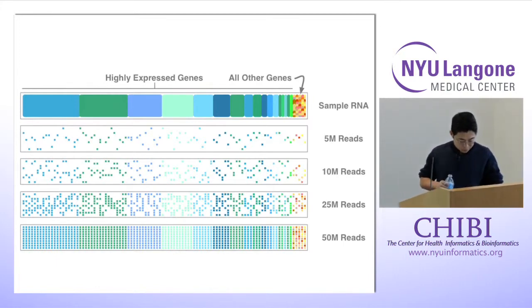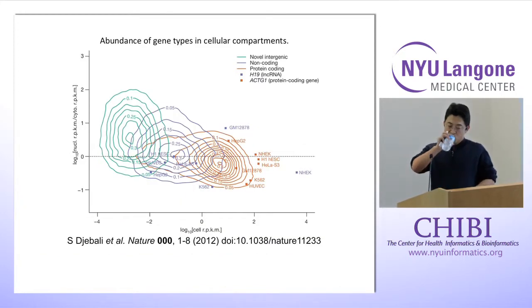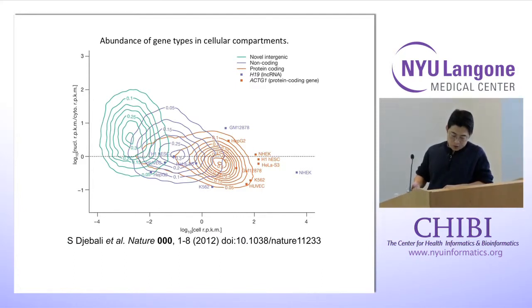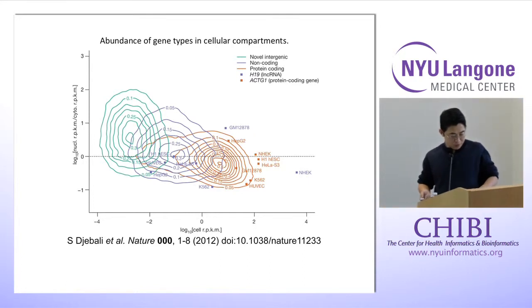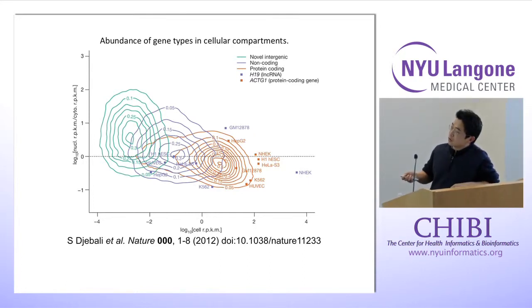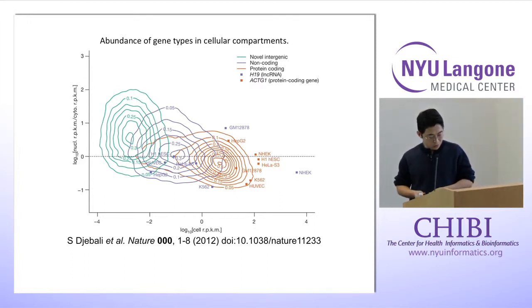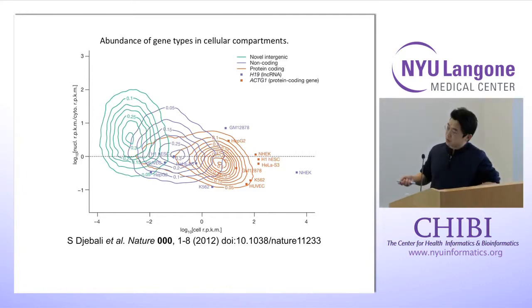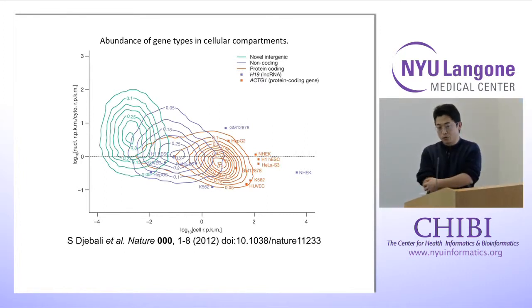In a paper in 2012, there was a very systematic study looking at the dynamic range of expression of coding genes, non-coding genes, and novel intergenic genes. This is the contour plot. In general, we see that coding genes have relatively high expression levels, but intergenic non-coding genes have low level expression.